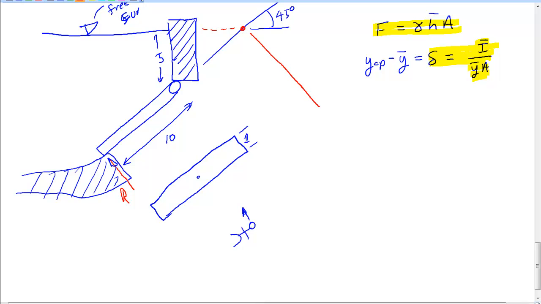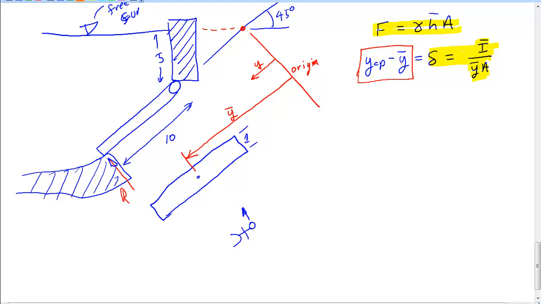Here's my origin. There's my y. Here's my y down to the centroid. Now, this number is a delta.